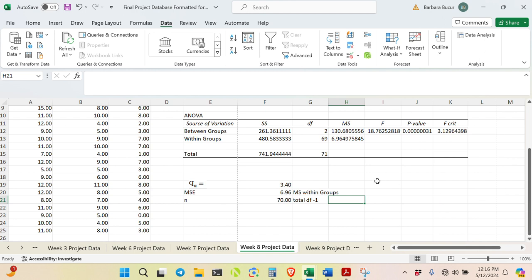And then what we can do now is to use these numbers in the formula. And that will determine our critical value. So we'll have the formula here. I'll call it critical value.